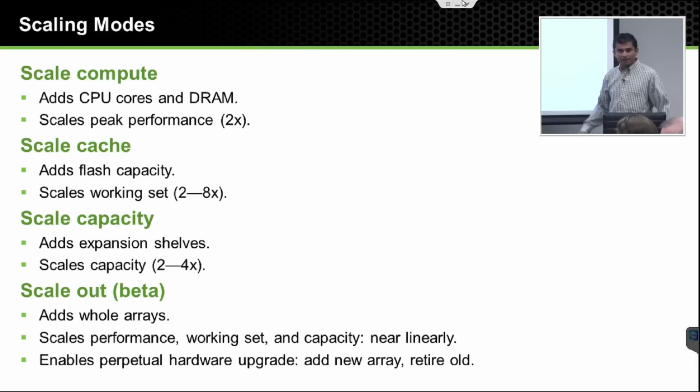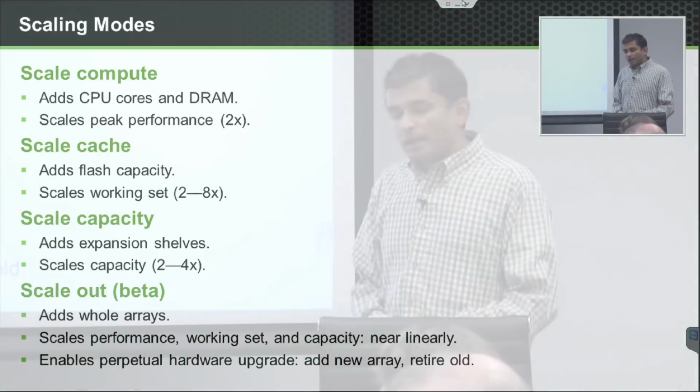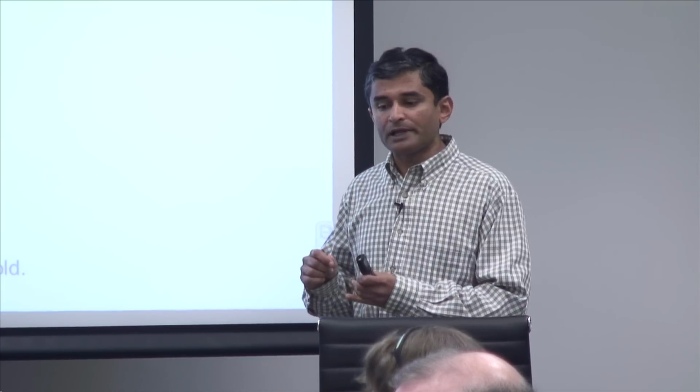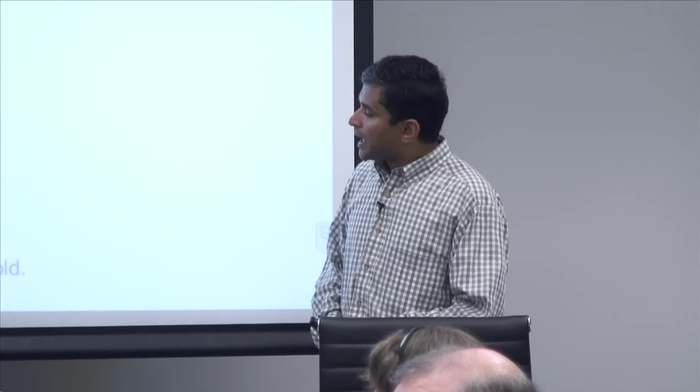It's a shared nothing architecture, so each array works independently. It provides a single point of management. It provides the ability to pool the capacity across multiple arrays, and the user can specify which arrays to pool into a single capacity pool. And the system automatically rebalances the data between the arrays within a pool.